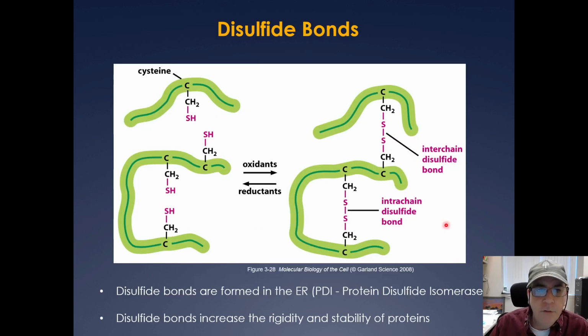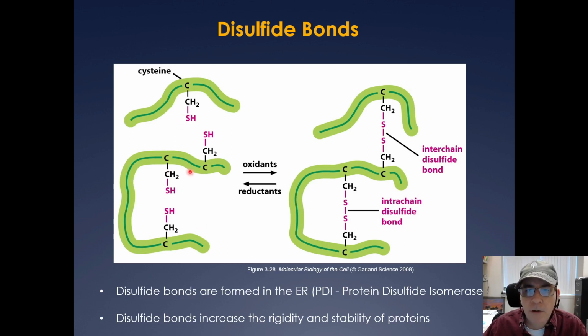The cross-links are a specific covalent bond called a disulfide bond, and this happens with free cysteines in the polypeptide chain. If you remember, the amino acid cysteine has an SH group, and in the cytosol, which is a reducing environment, the cysteines are just free SH groups.